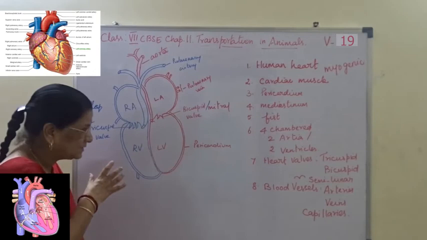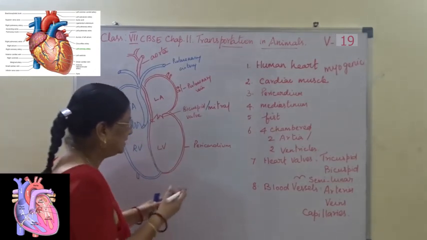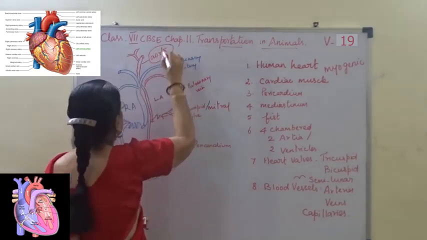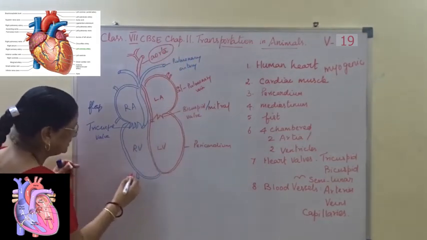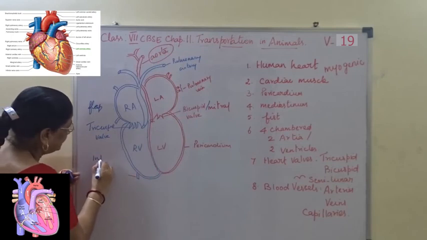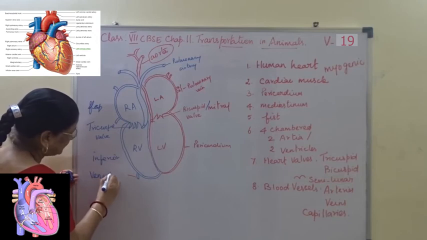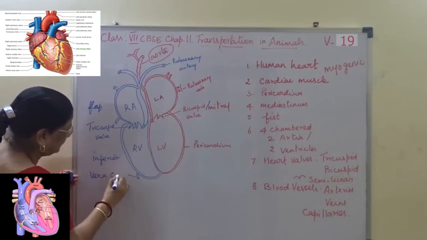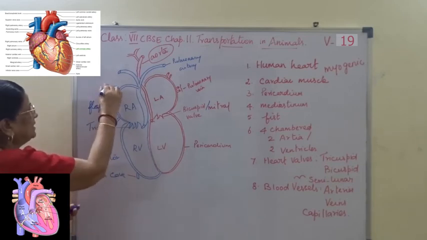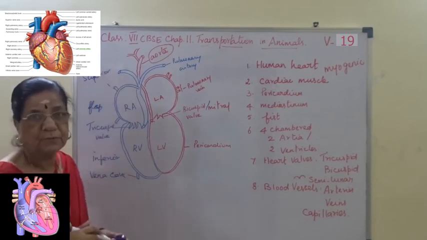So now the blood vessels connected to this, the major blood vessel, it is aorta, this one. It is aorta and this is called vena cava. This is known as inferior vena cava. This is superior vena cava. I hope you are following.